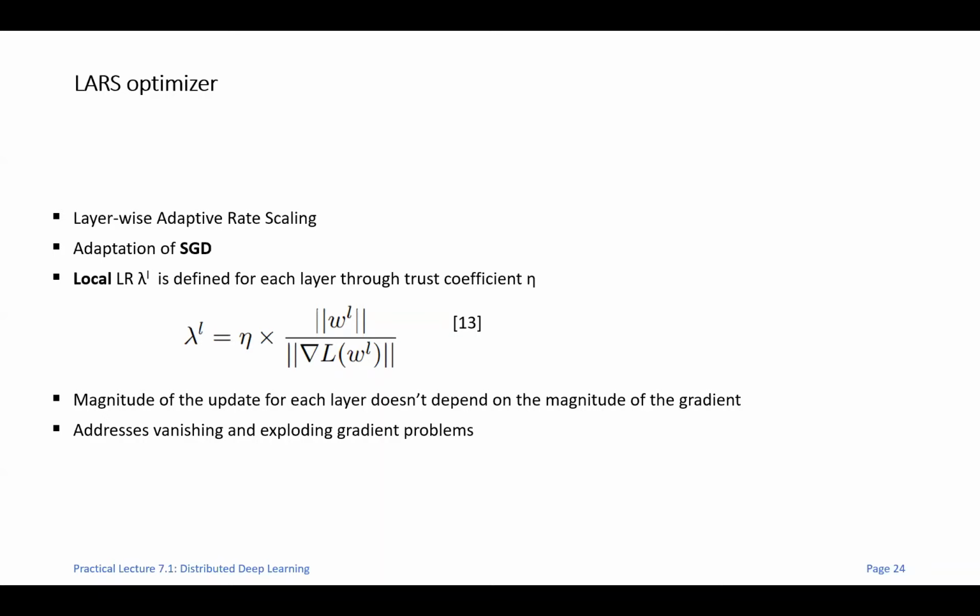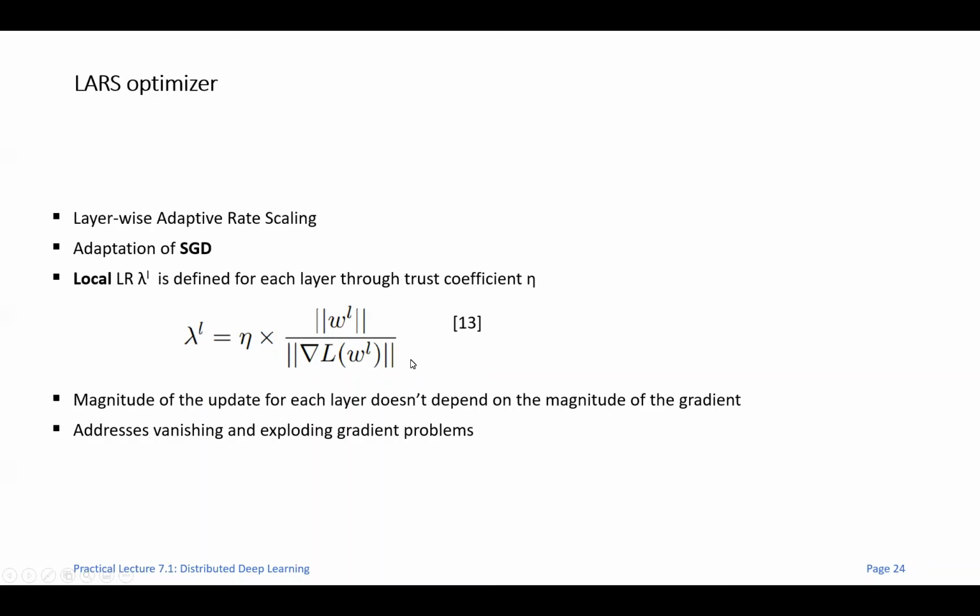There are many, but I show you this one because it's based on SGD, a very well-known optimizer. It uses the same update rule of SGD, but with a local learning rate that is defined layer-wise.